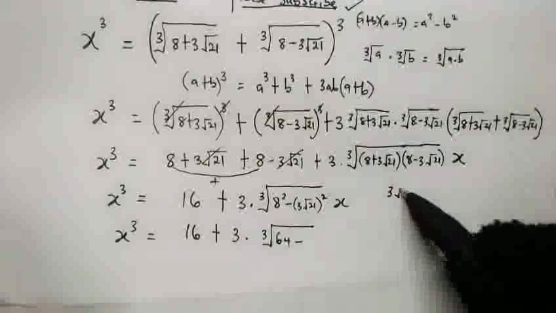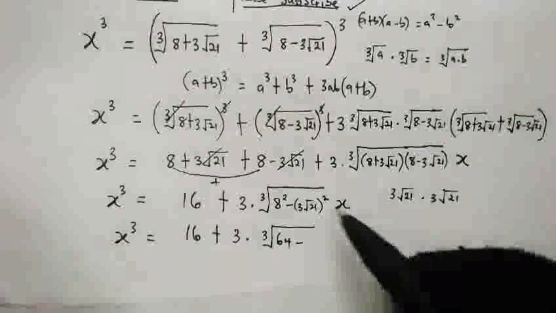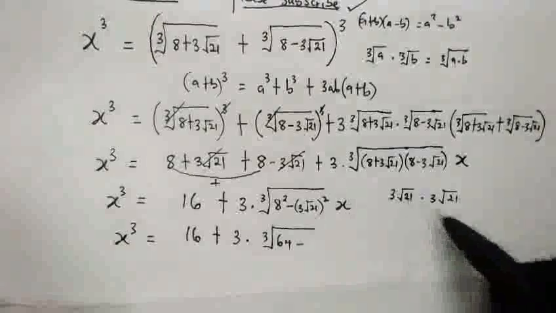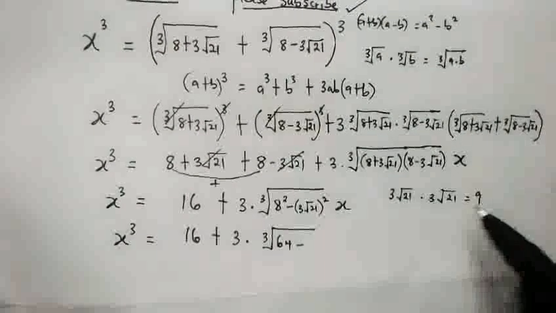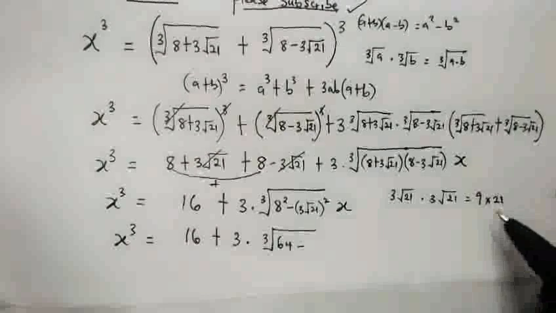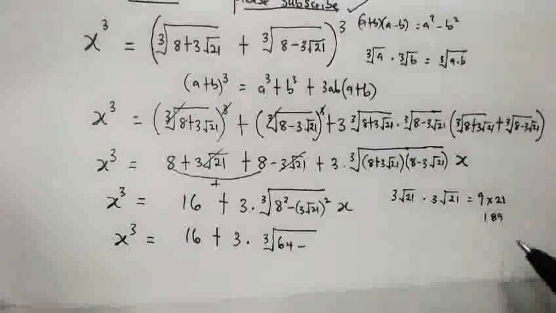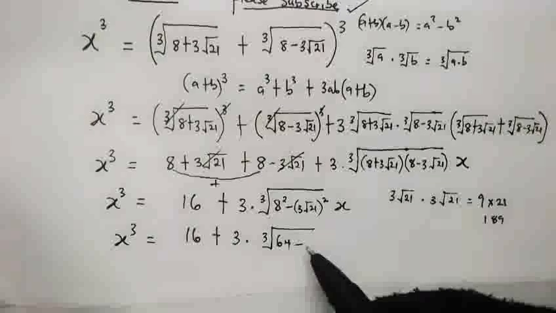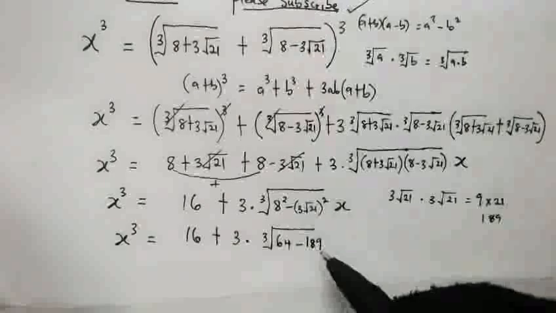So here we have 3 times root 21 times 3 times root 21, because since it is squared, it means to multiply it in 2 places. Here we have 3 times 3, which is 9. Root 21 times root 21 is equal to 21, right? And 9 times 21 will give us 189, right? So here we have 64 minus 189.